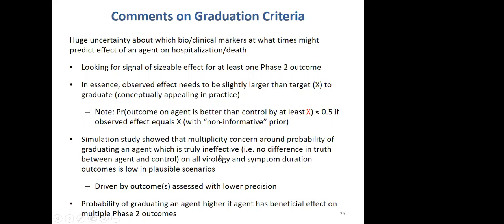But because those thresholds, the X's, the targets, were of a reasonable size, the probability of graduating an agent that was truly ineffective on all of the virology and symptom duration outcomes was actually quite low, probably of the order of 1 or 2%. And it's driven by the outcomes which have low precision. So the less precise outcomes drive that error rate.